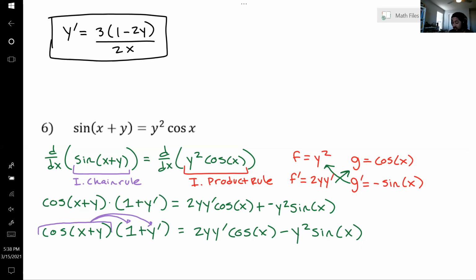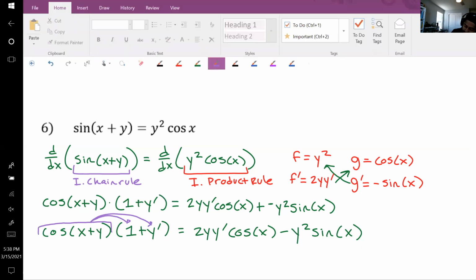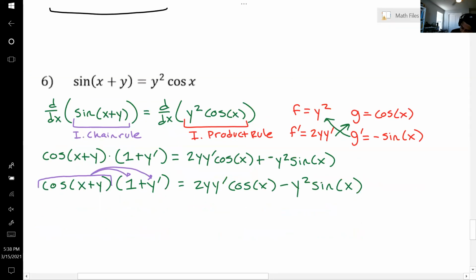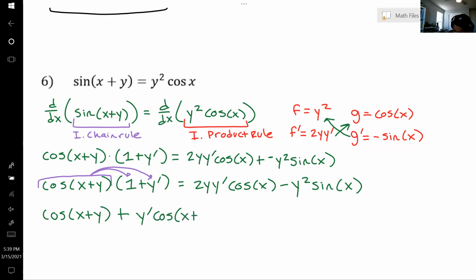So cosine x plus y times 1 is just cosine x plus y, plus cosine x plus y times y prime gives me y prime cosine x plus y, equal to all this nastiness over here.